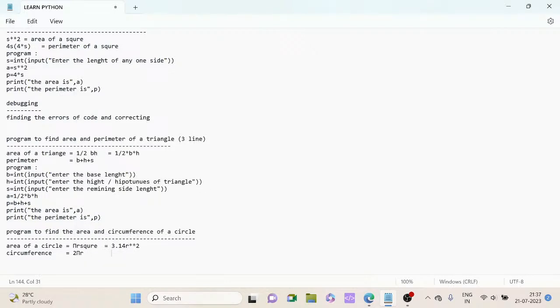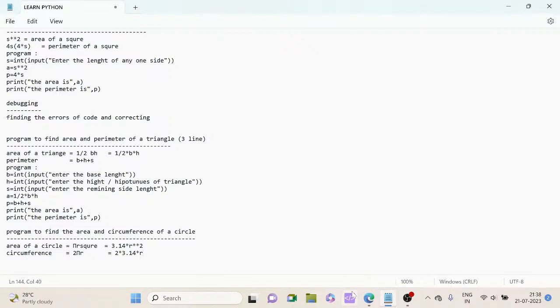So that's equal to 2 into 3.14 into r. So those are the formulas.